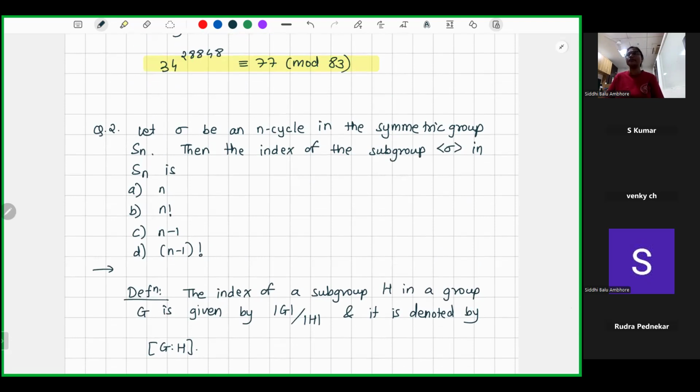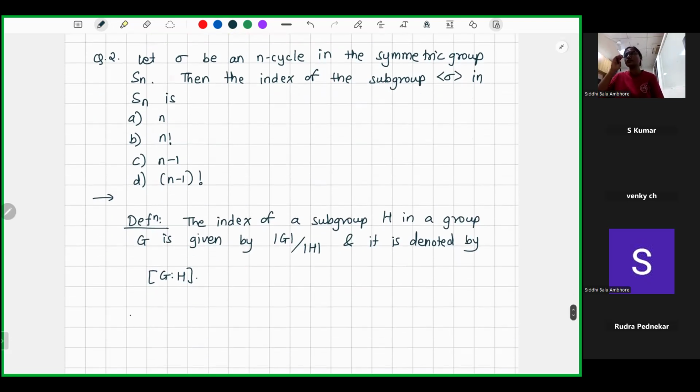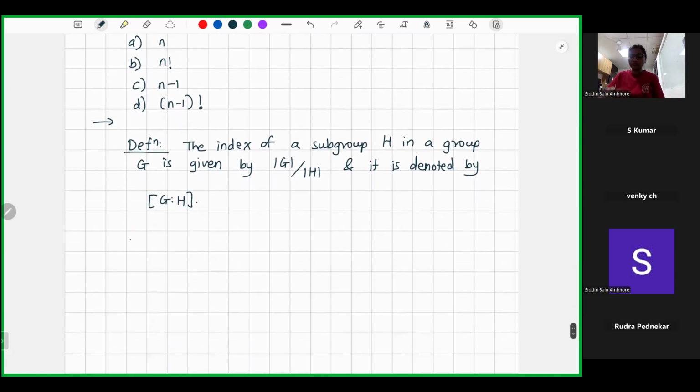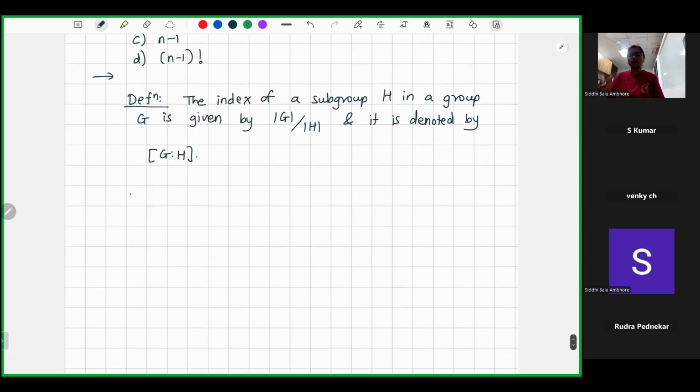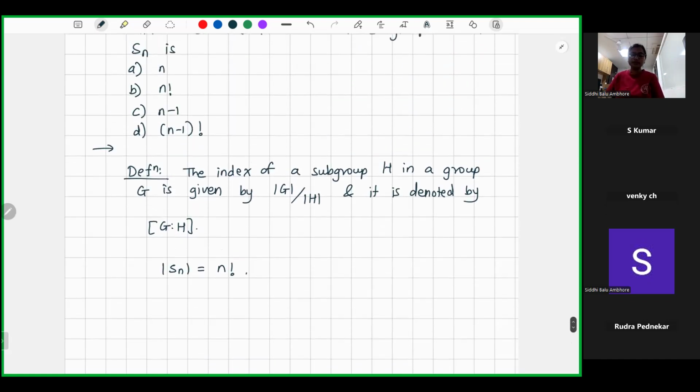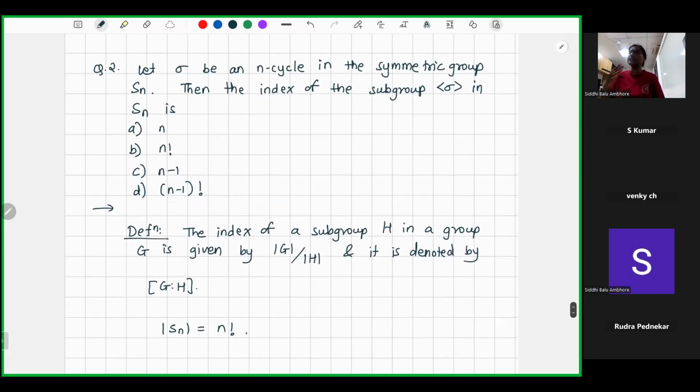So yeah, it is D, correct. As suggested by someone, it is n minus 1 factorial. But how? So see, the cardinality of Sn here is n factorial, which we all know. And for any n cycle in Sn or any k cycle in Sn, the order of the group generated by that k cycle is k. So here they have given us that sigma is an n cycle.